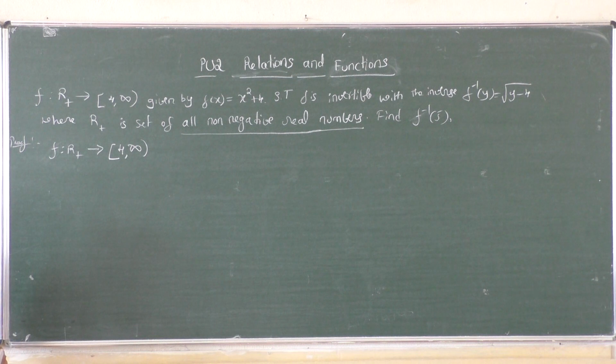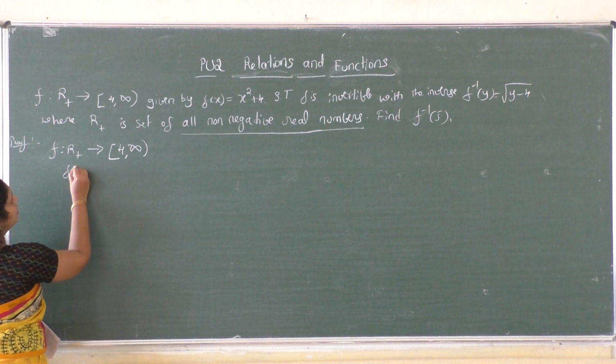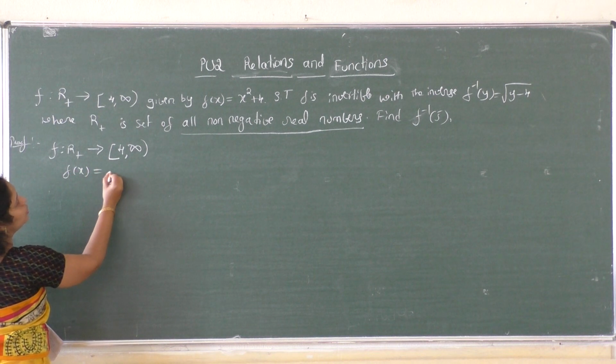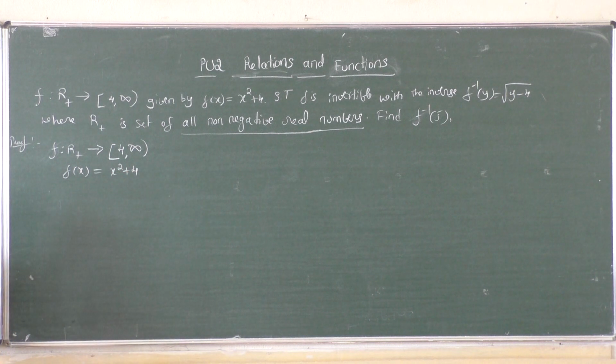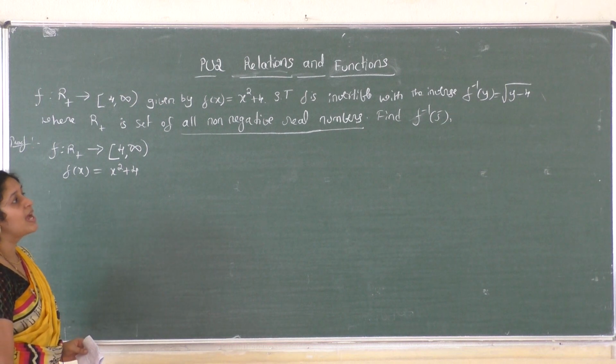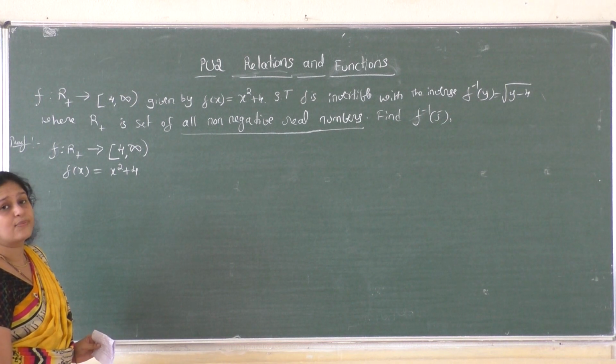Now f of x is x square plus 4. Now we have to find f inverse, show f inverse of y as root y minus 4, and also find f inverse of phi.